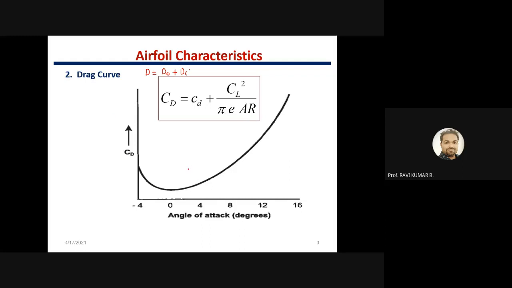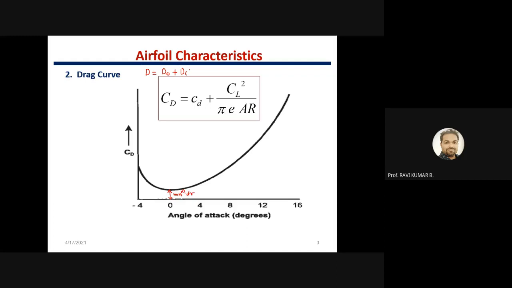Initially, if you look from the negative side, going up to 0 degree, in the case of a symmetrical airfoil, you will not have lift. So until you don't have lift, the profile drag at lower velocity, skin friction drag will be very less. So initially it will reduce, right? And this is the location where you will have a minimum drag condition.